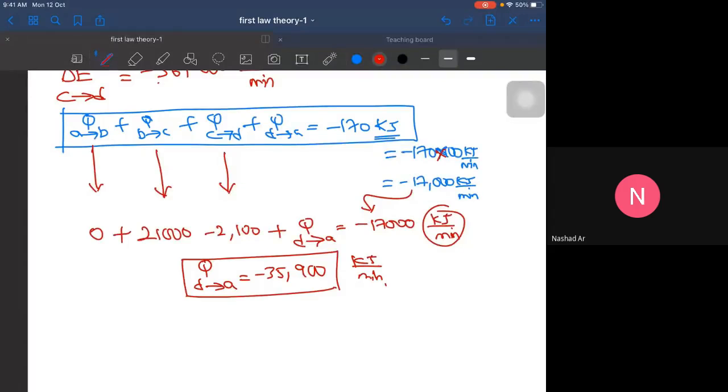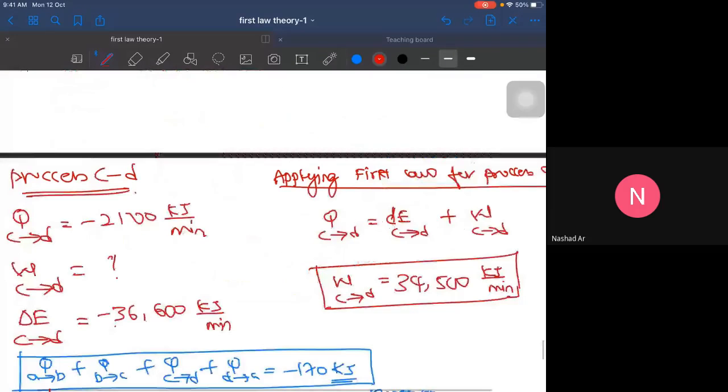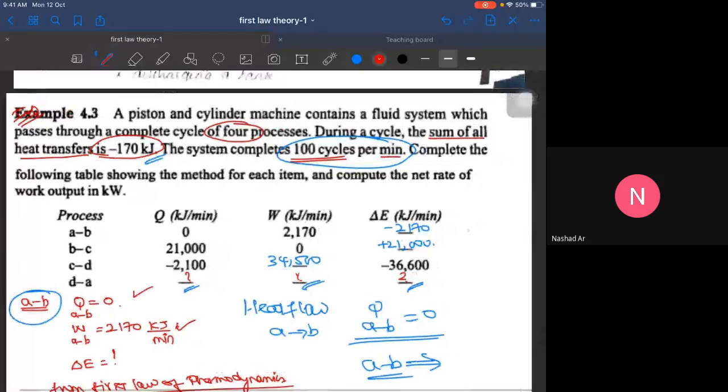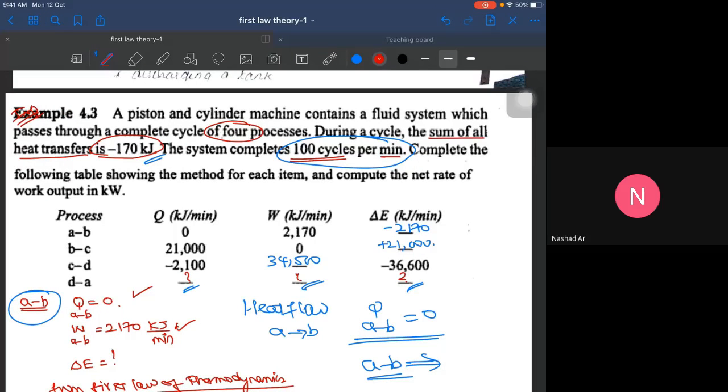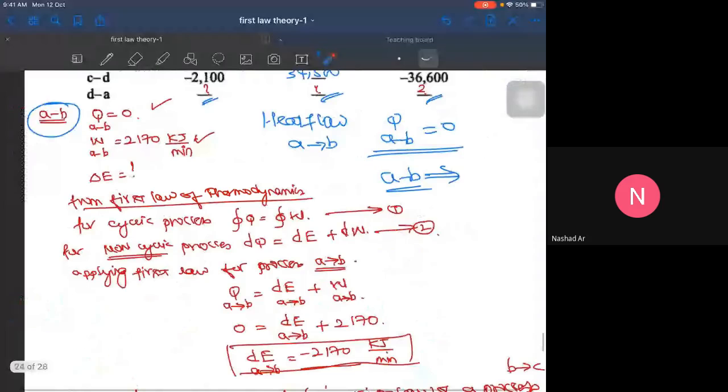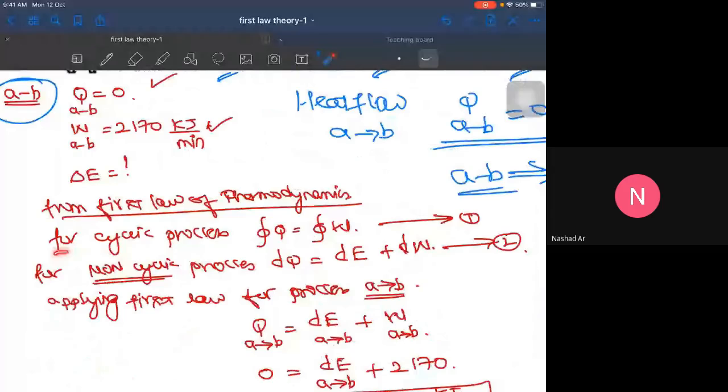Okay. So until now, what we have done: in a question, many unknowns have to be found out. Sometimes he has given the value of Q, he has given the value of W, and I need to calculate the value of delta E. For that, I use the first law of thermodynamics, which says for a cyclic process, the cyclic integral of Q is equal to the cyclic integral of W. This can be applied when you're applying for the whole cycle.